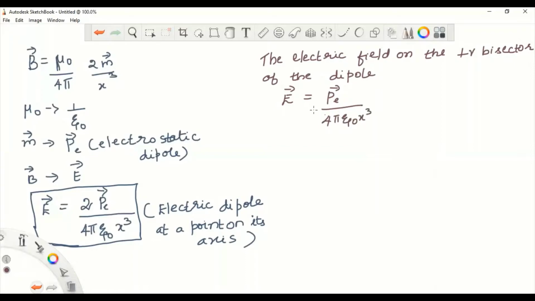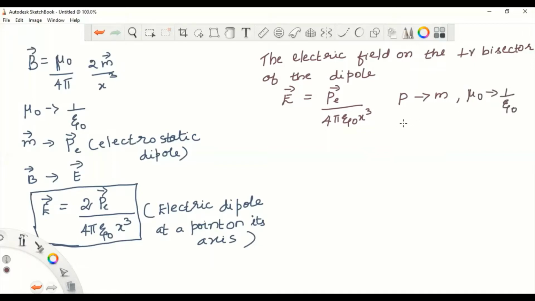Again now we are going to replace this E by B, and similarly this P by M and 1 by epsilon naught by mu naught. What will we get then? So now let me write all these things here, children. So P will be replaced by M, and replace this 1 by epsilon naught as mu naught.